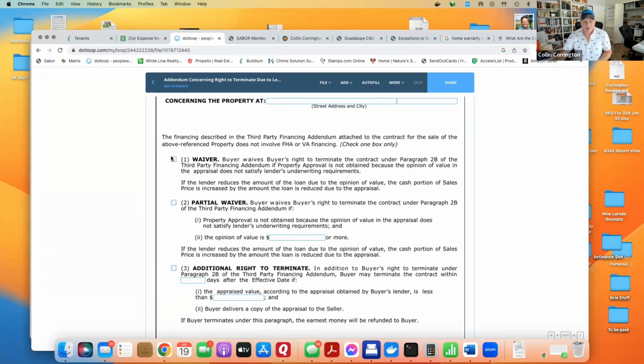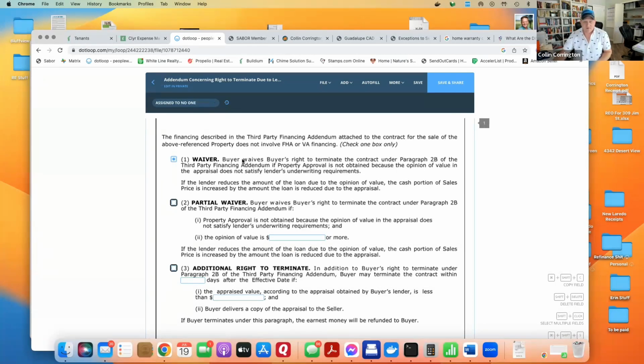I have a waiver. I'm going to waive the right to terminate the contract under 2B. I'm going to waive the right if it doesn't appraise for at least 900,000, or what most people fill out, I can cancel this contract if it does not appraise for $1 million. I can terminate this contract.